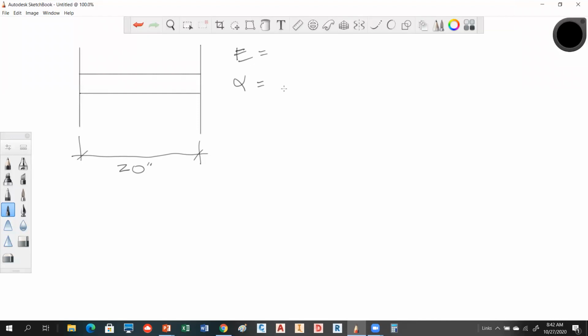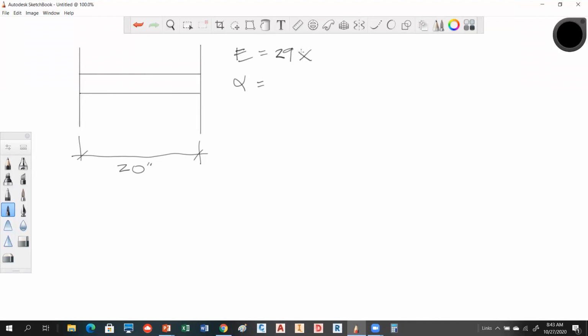If we look at steel from the table, it gives us 29. Going back to table 8.1, let's see what we come up with for steel.